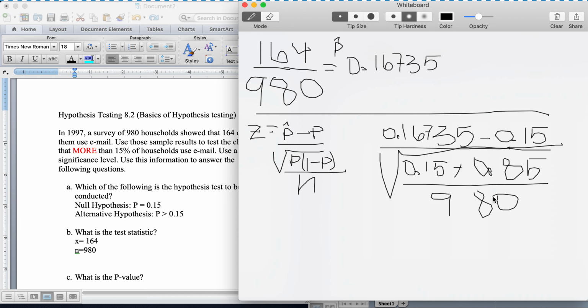Okay? So when we plug this all into my calculator, it goes 0.16735 minus 0.15, and we will divide that all by the square root of 0.15 times 0.85 divided by 980.